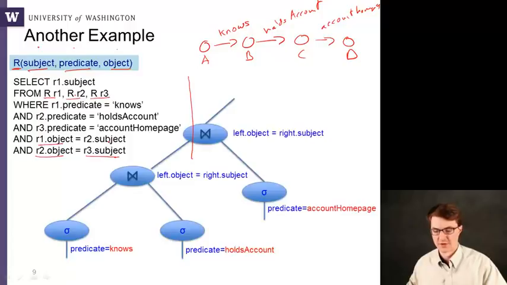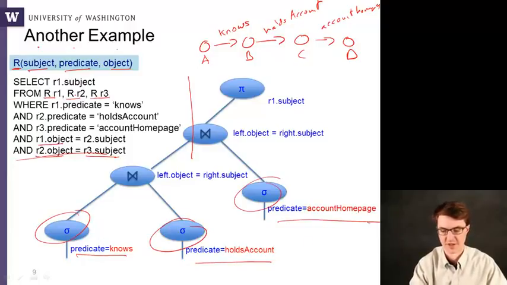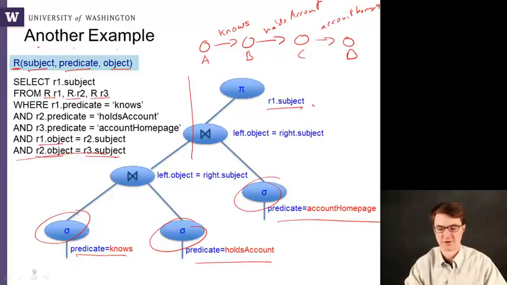And in relational algebra, this query gets translated into this form. There's a selection to find predicate equals knows, a selection to find predicate equals holds account, and a selection to find predicate equals account homepage. Then a sequence of joins, and finally a projection just to pull out the final answer we're interested in, which is the select clause.